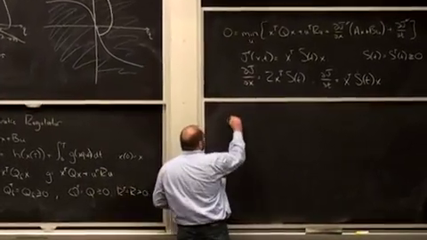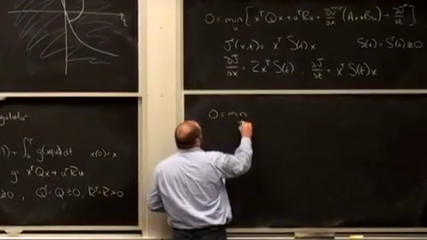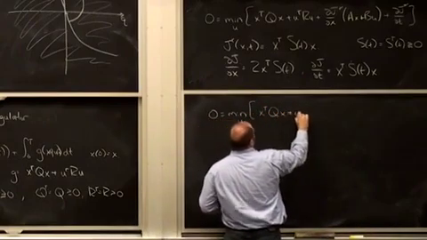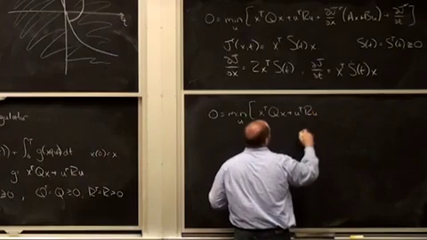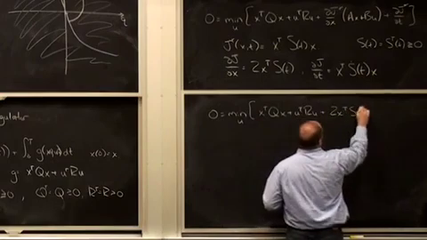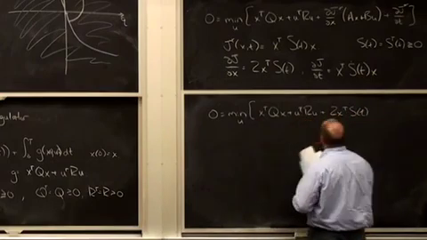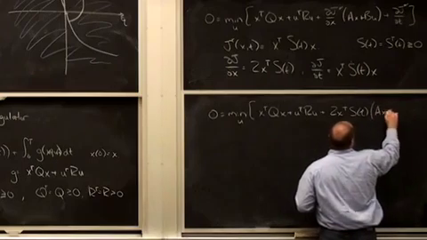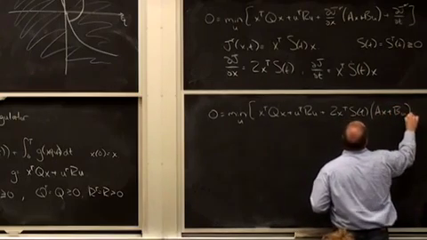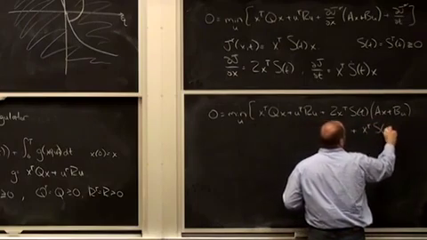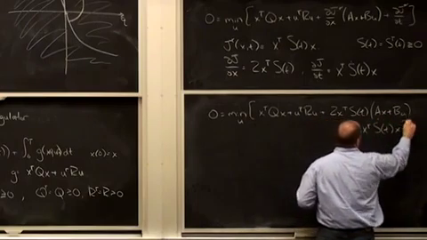Okay, so I've got 0 equals min over u of x transpose Qx plus u transpose Ru plus 2x transpose S of t times Ax plus Bu, plus x transpose S dot of t x.